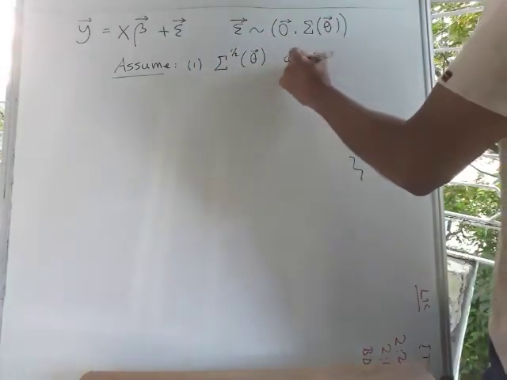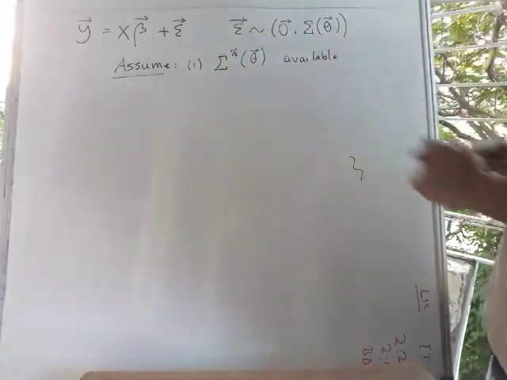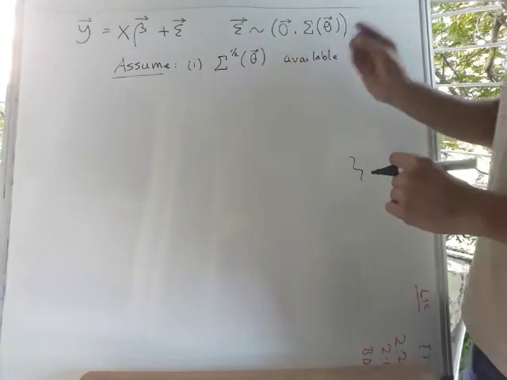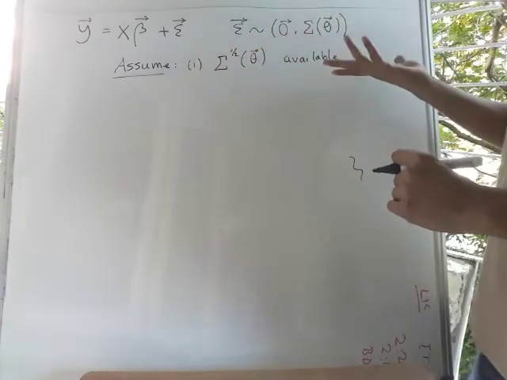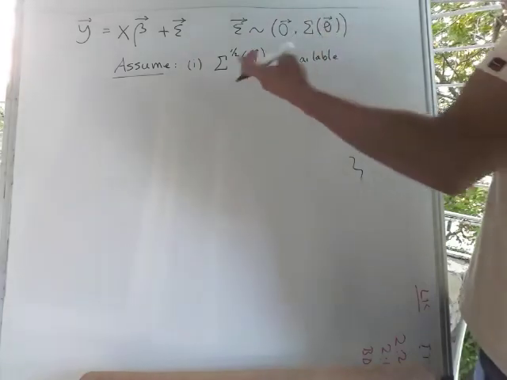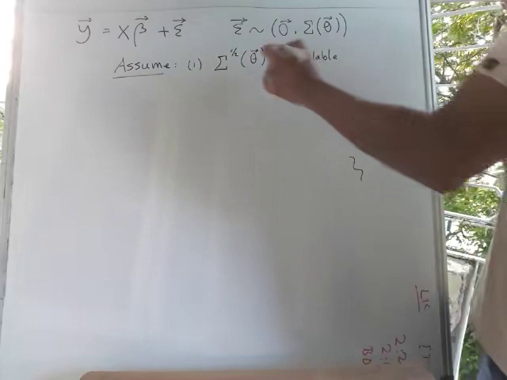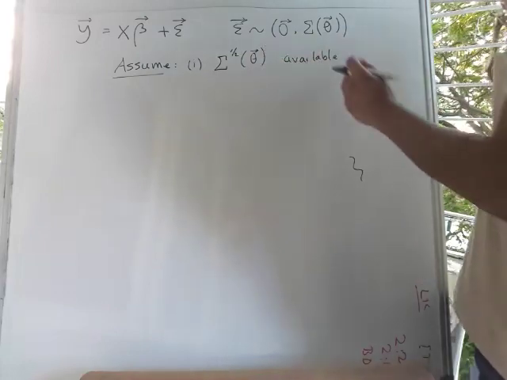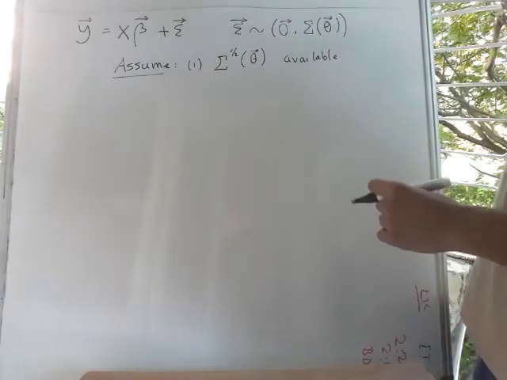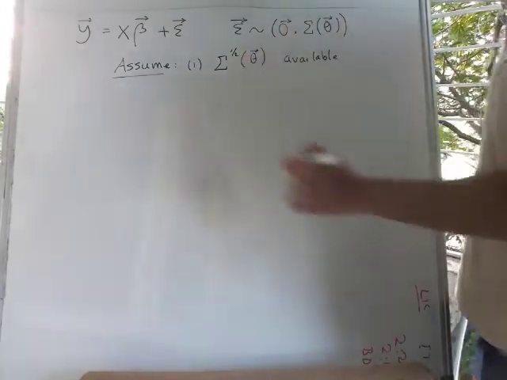So this is available. You really do not have to carry out any numerical technique to do this. Just looking at the structure, we can immediately say what is going to be the Cholesky decomposition. For example, if it is just a diagonal matrix, the Cholesky square root will be just taking the square root of the diagonal entries. Now for all the techniques that you have learned, compound symmetry and then autoregressive one, etc., you can analytically compute such a square root.